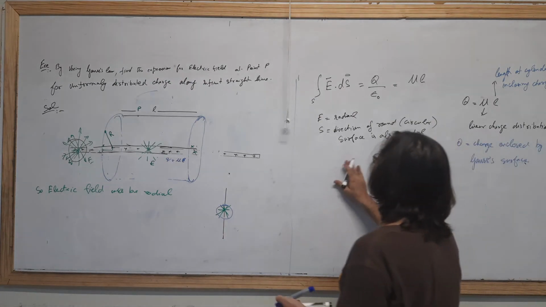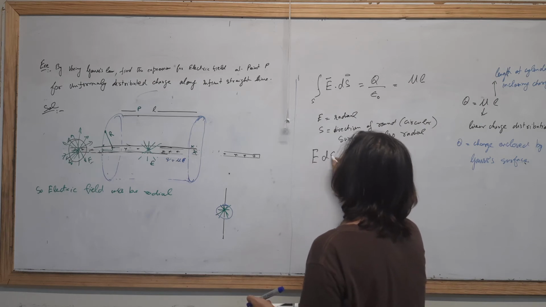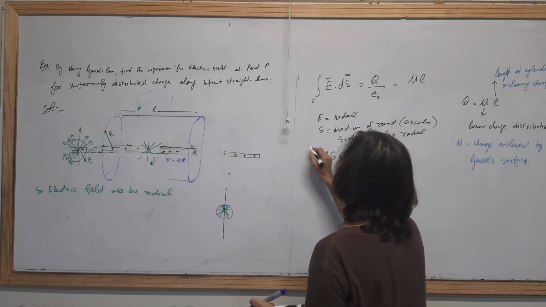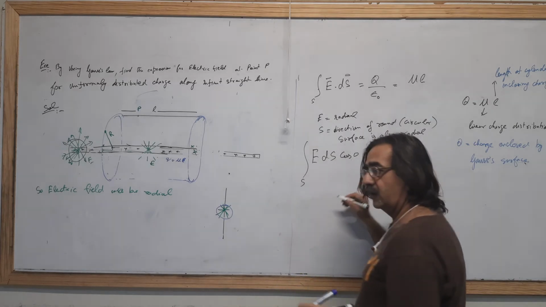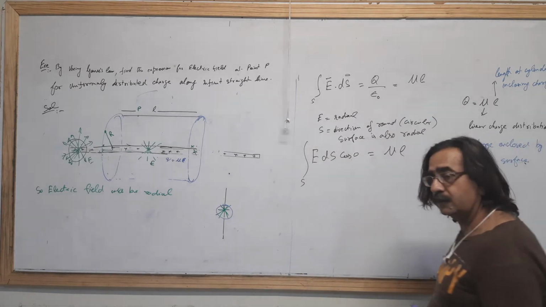So this will become the integral of E dS cos 0, with cos 0 equal to 1, equal to mu L.